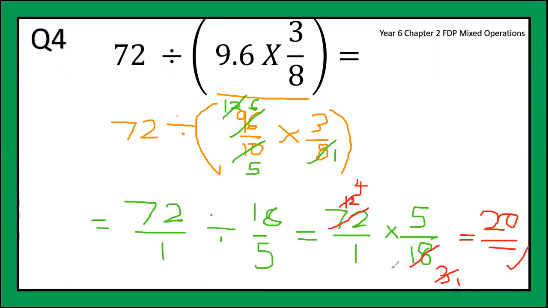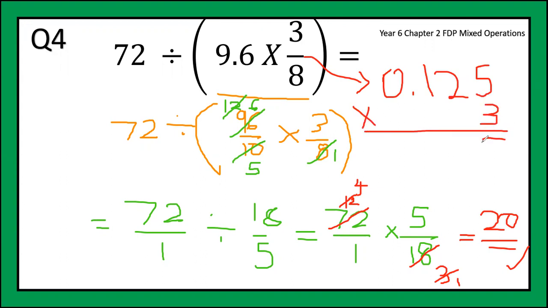Done. Sometimes the fractions method can be easier. If you want to solve it using decimals, it's also possible. Change 3 over 8 to a decimal number, which is 1 over 8 is 0.125. We know that. Okay, so 3 over 8 means times 3. And that's going to give you 0.375.